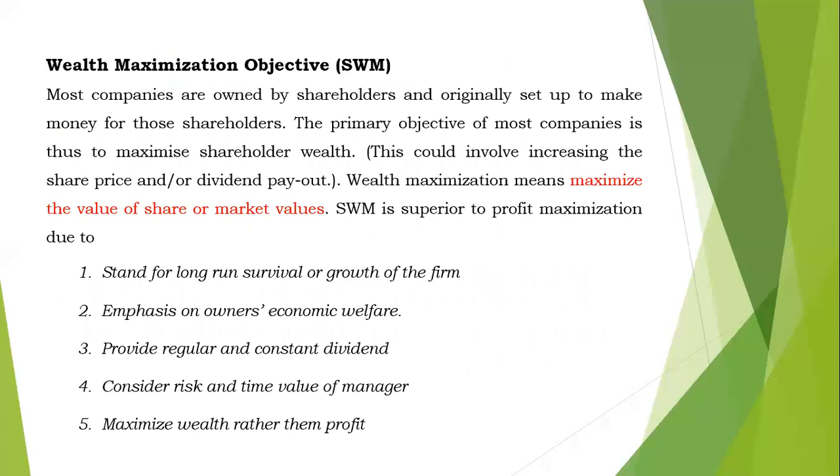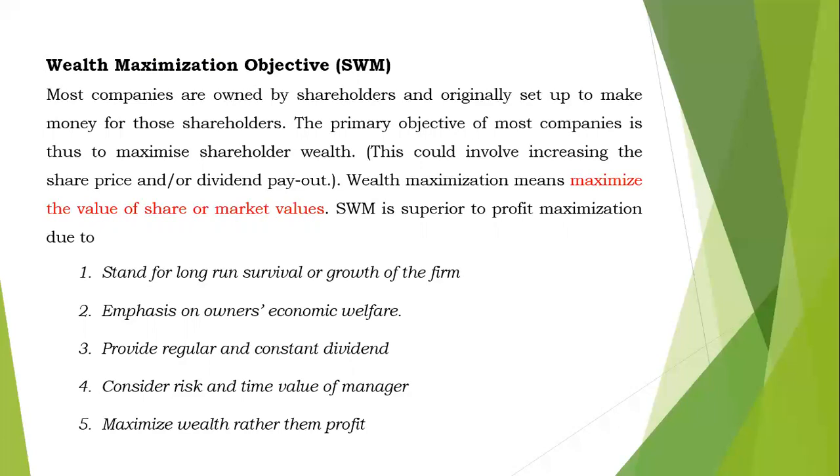Wealth maximization objective means that an organization or a financial manager coordinates every activity for achieving, enhancing or increasing the value of the firm. So all the activities of the financial manager are with a view to enhance the value and the wealth of the firm. For enhancing the wealth, what decisions are they taking? That is called part of the wealth maximization objective.